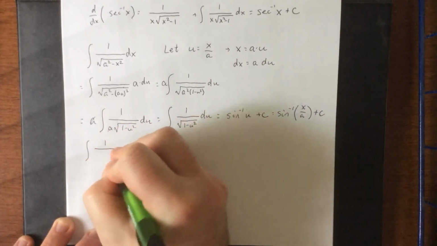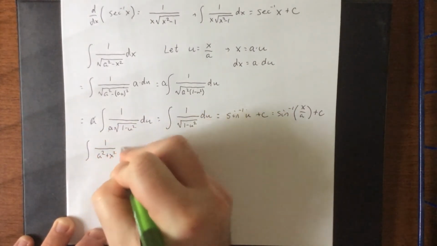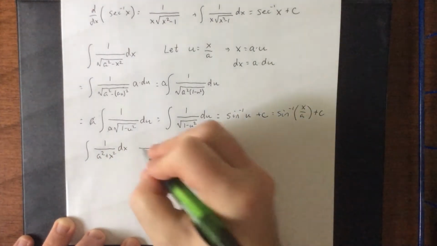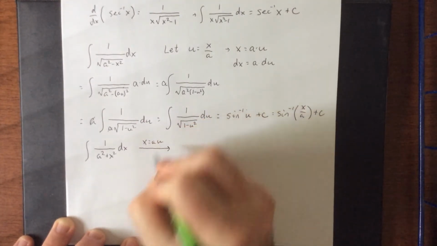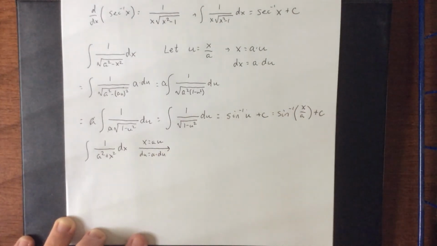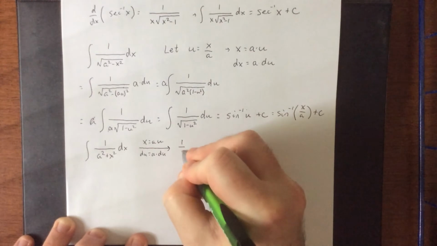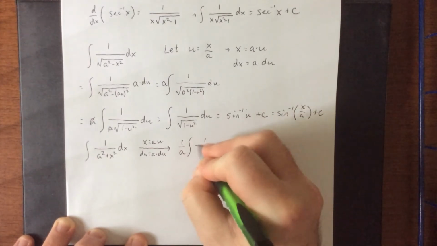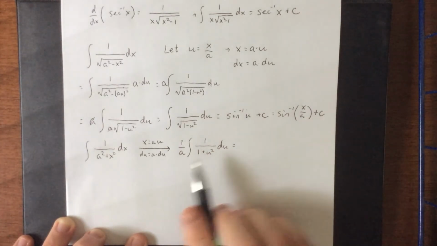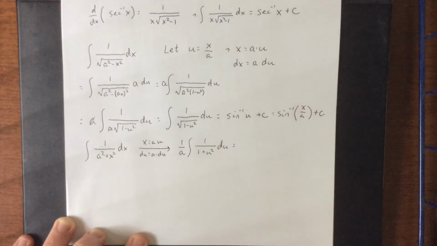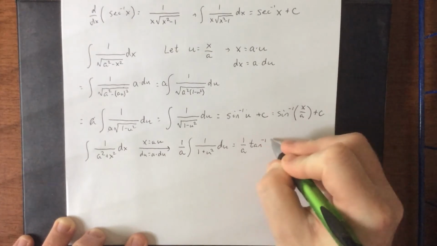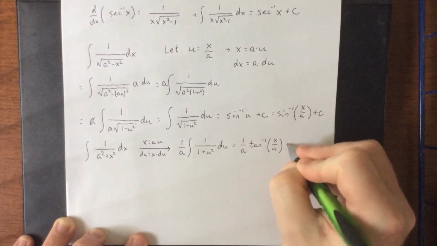If you have the integral of 1 over a squared plus x squared dx, and you do the exact same substitution, x equals a times u, and dx is equal to a times du, you are going to wind up with, and you feel free to check this one out for yourself, 1 over a times 1 over 1 plus u squared. So upon integrating and substituting back, you'll have 1 over a times the arctangent of x over a plus a constant.